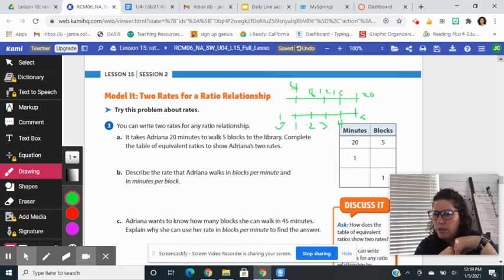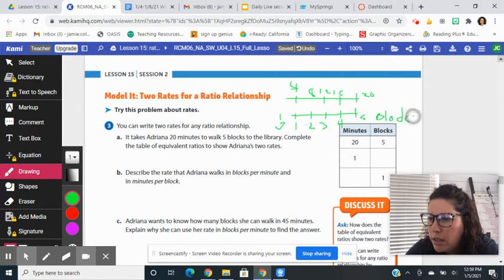Okay, so now that we know that in one block, because this is blocks right here, so blocks is the bottom line, and the top line is minutes. There we go. Okay, so in one block, they'll travel 1 block in 4 minutes.